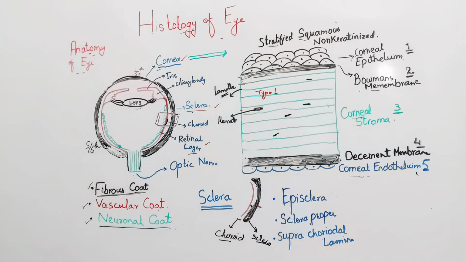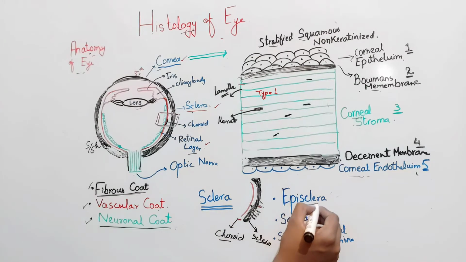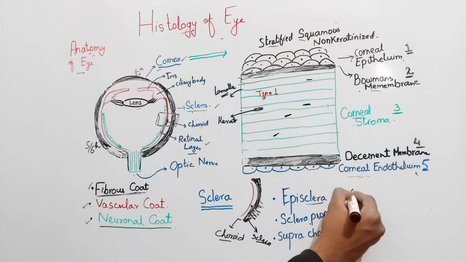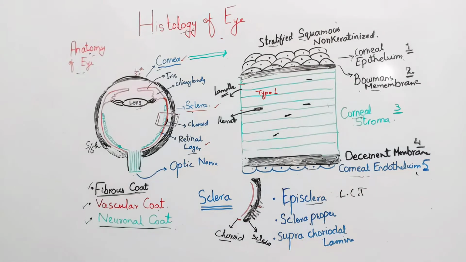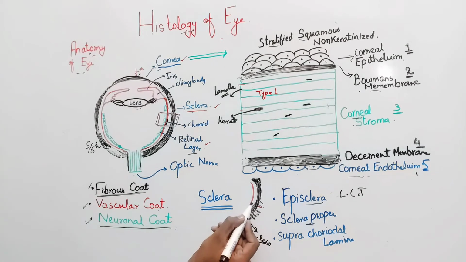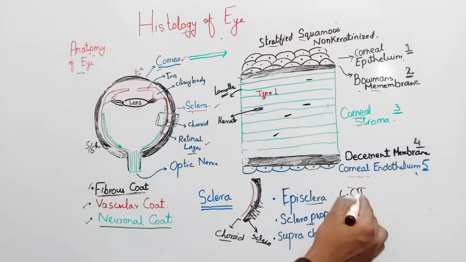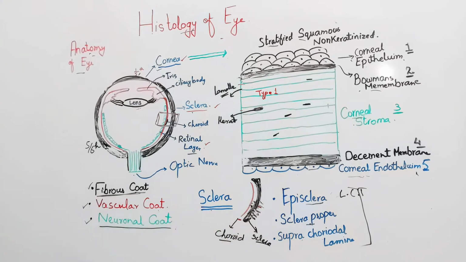Number one, the episclera, outside the sclera, which consists of loose connective tissue. You should remember these names. Then the sclera proper, the middle layer, and the suprachoroidal lamina, which lies above the choroidal layer. These three layers represent the sclera.